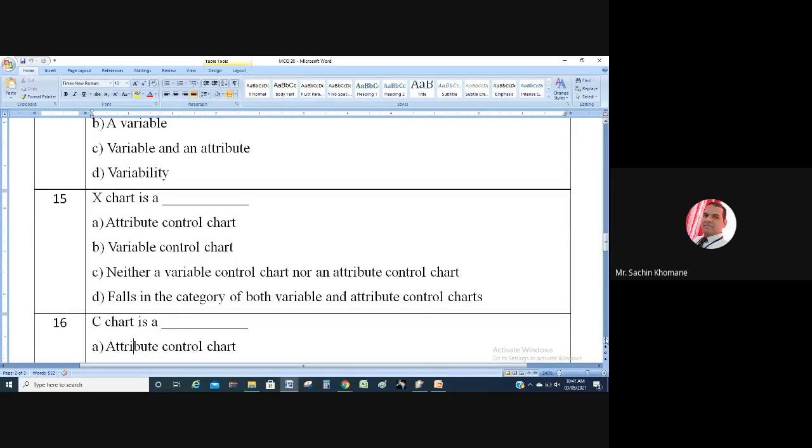The X chart is a: attribute control chart, variable control chart, neither a variable control chart nor an attribute control chart, or falls in the category of both? All charts come under only two things, attribute control chart and variable control chart.